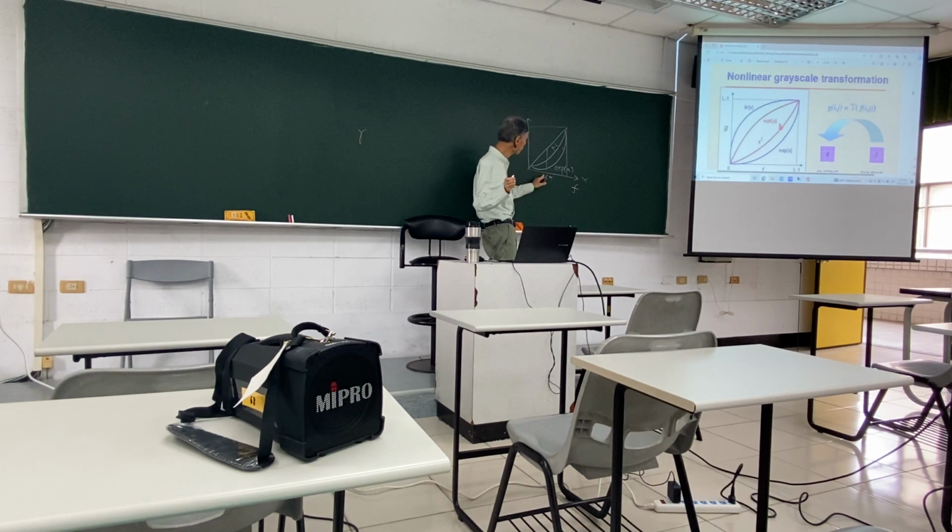for a dark gray value, after the transformation, it will become brighter, right? I'm sorry, let me say it again. For a given f, if you go for x squared or exponential of x, then the value becomes smaller, which means what?